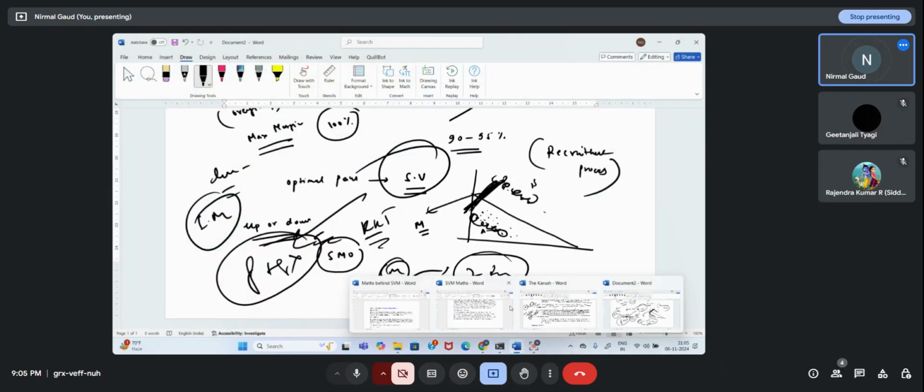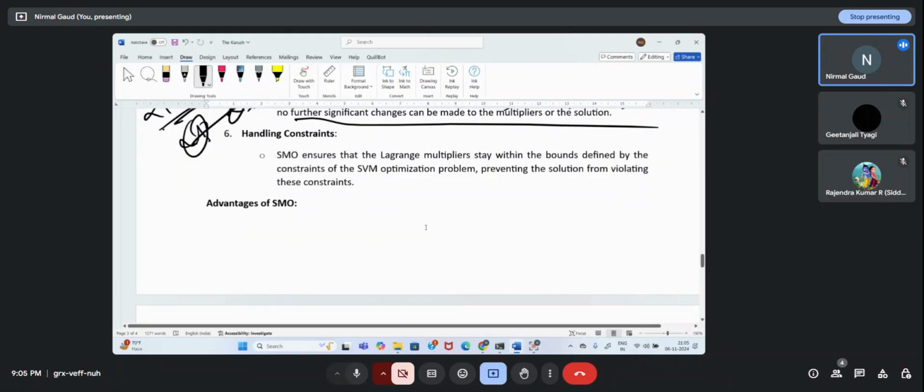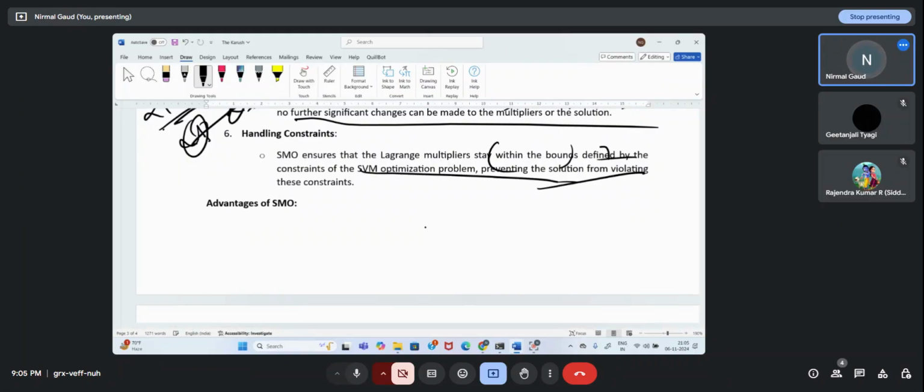Okay, fine. So yes, we can handle the constraints. We are having the bounds, and the SVM optimization prevents the solution from violating this constraint. This constraint will not be violated. We are already having a control with lambda, the Lagrange multiplier, with data points only. So many things are interconnected.